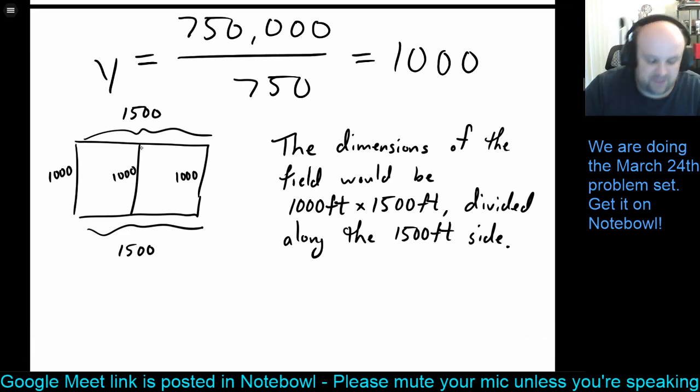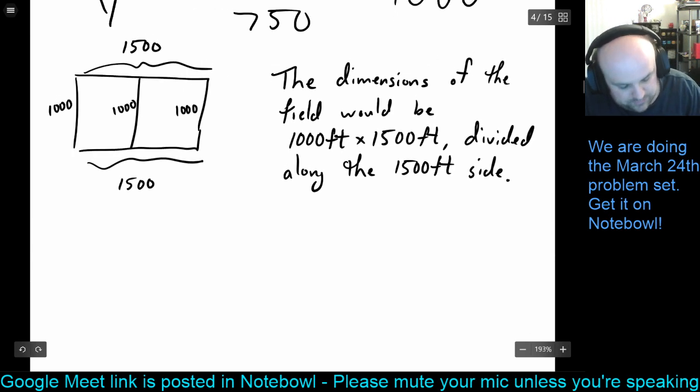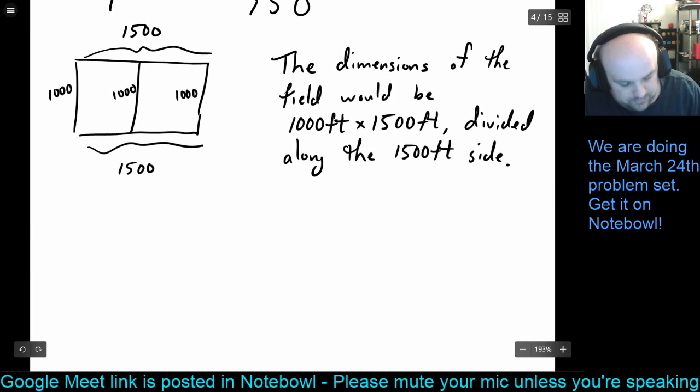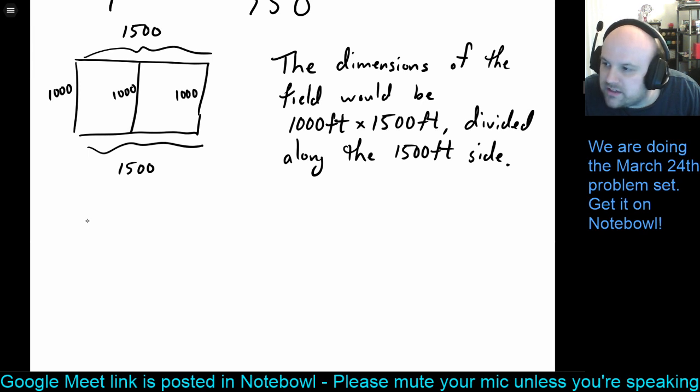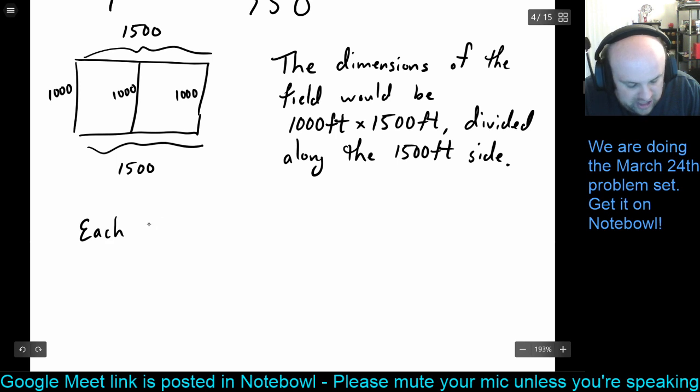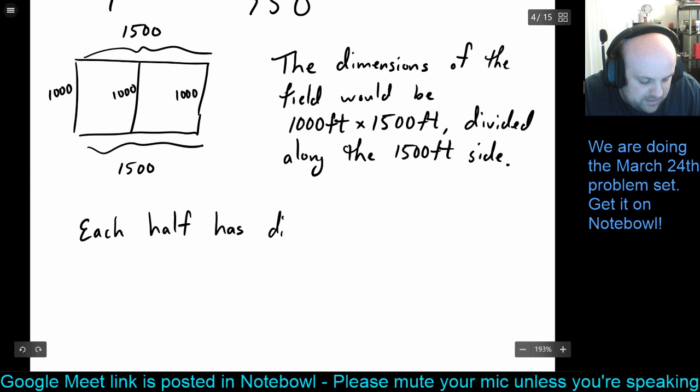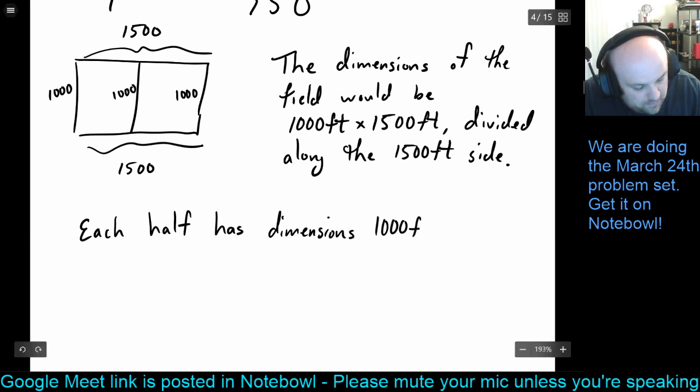So we're dividing it here. Or we could say something like, each half has dimension 1,000 feet by 750 feet.